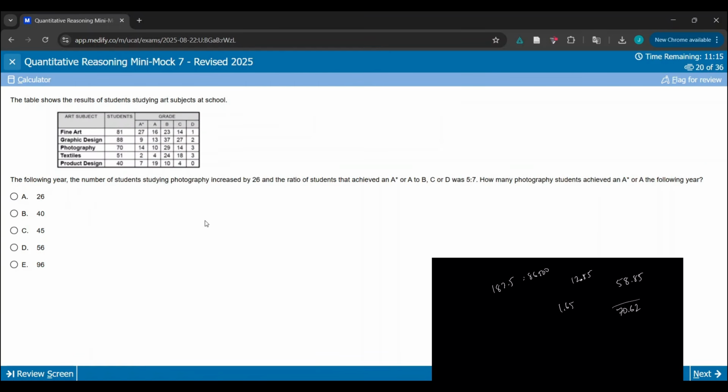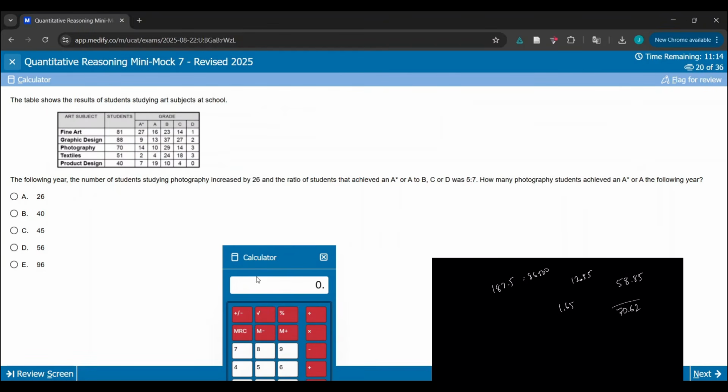Following number of students increased by, studying photography, increased by 96. So A or A2, and the ratio that students A and A the following year to A or A to B, C or D. Does that even make sense?